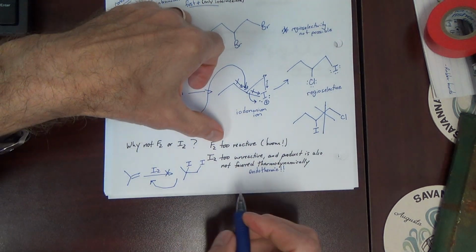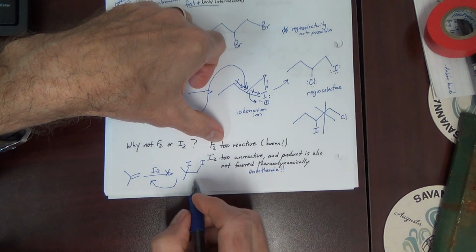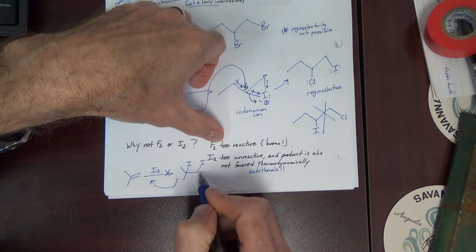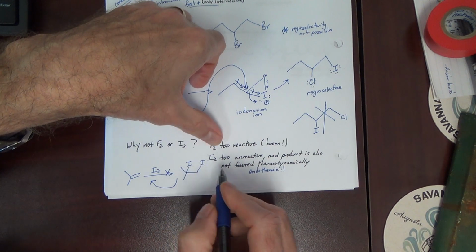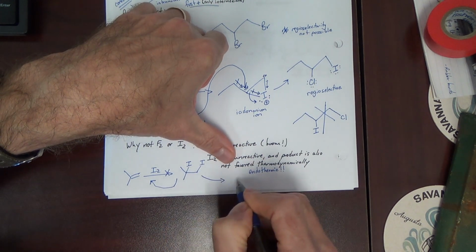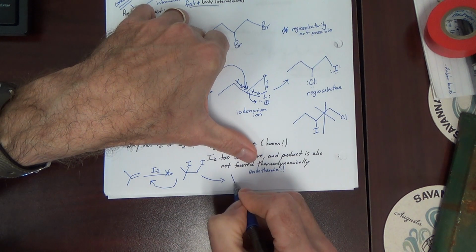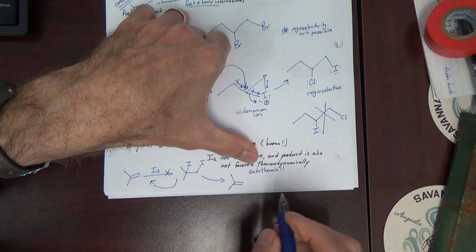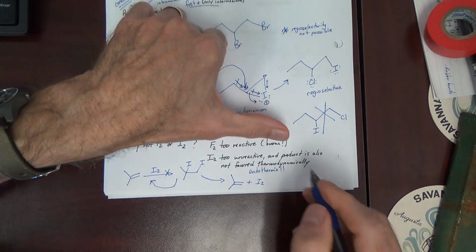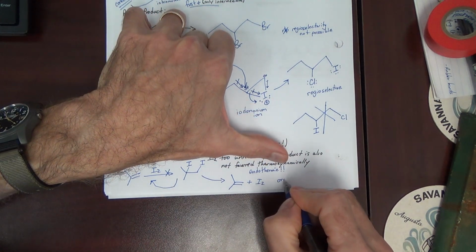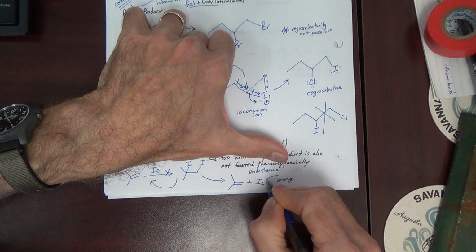And actually, a little bit of free information here. If you have such compounds, if you were able to make them, this will often convert back to the alkene plus iodine. Now this is just the reverse. But iodine tends to be orange in color.